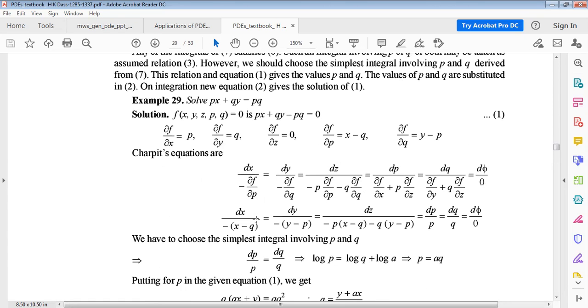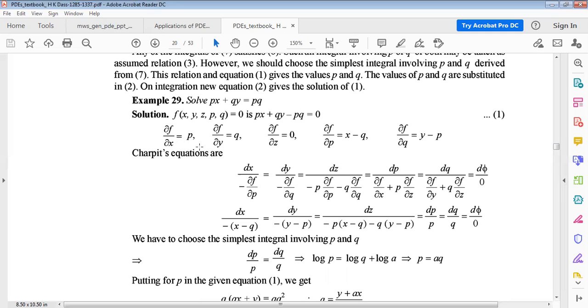Now solve px plus qy equals pq. Suppose this is the function f of x, y, z, p, q equals 0. This is the given function. px plus qy minus pq equals 0.